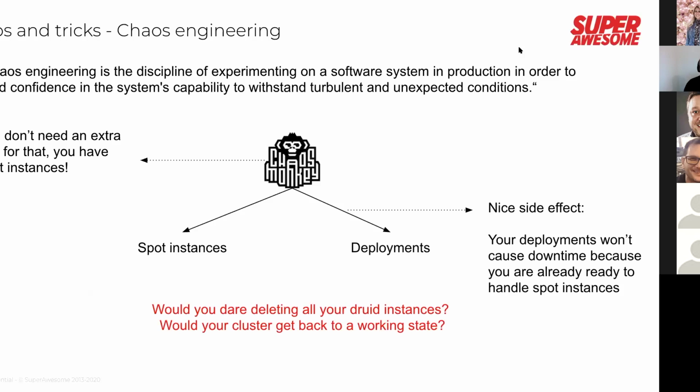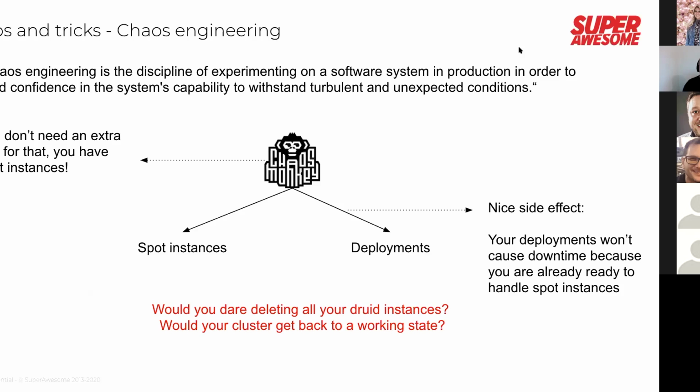In our case, if we look at all the Druid services that we have on Kubernetes, we would be able to delete all of them, including the disk, restart Druid, and we have the confidence that the system would come back to a stable state with all the data being loaded. I think if you are running Druid, you should look at your system and wonder whether you could do the same.